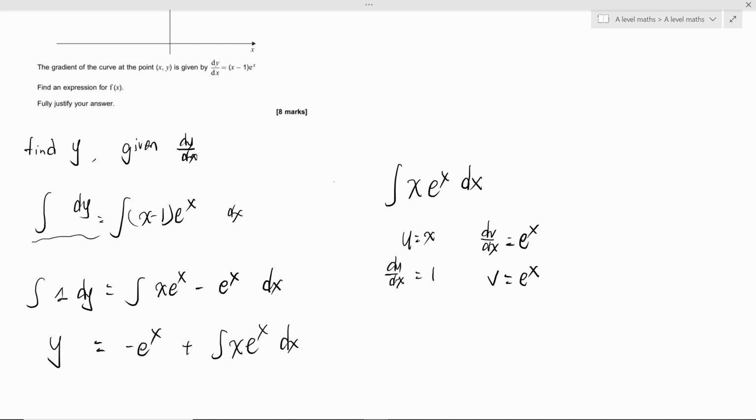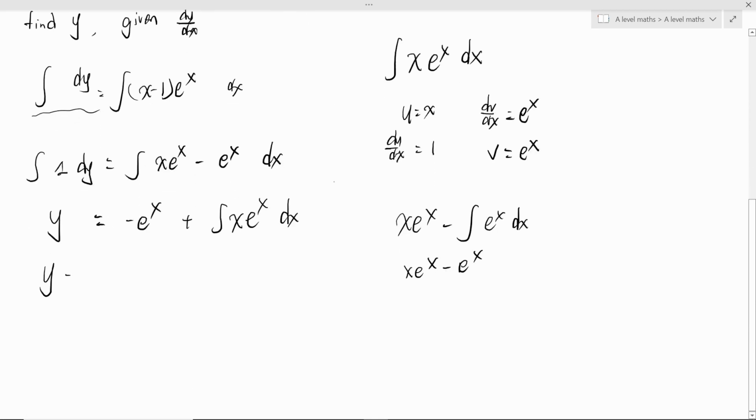If you're familiar with the solution, you can just write it down: uv minus the integral of du/dx times v, so x e to the x minus the integral of e to the x dx. That would be x e to the x minus e to the x.